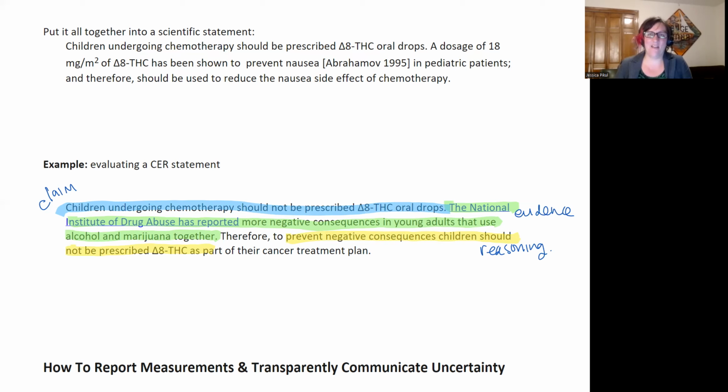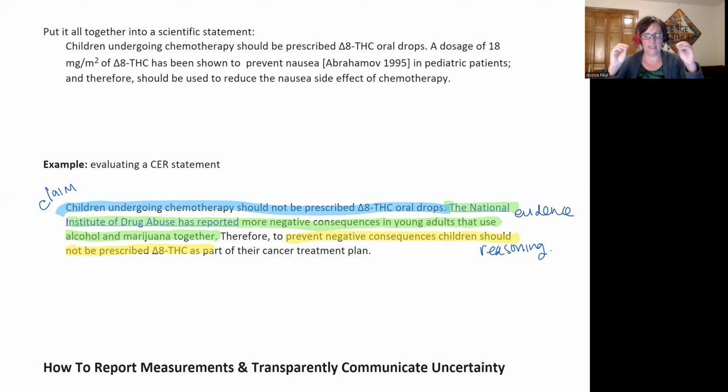But does that evidence have anything to do with the claim? The claim is about children undergoing chemotherapy, but the evidence is about young adults. The claim is about delta 8 THC oral drops, but the evidence is about marijuana and alcohol use in combination. And so we have different populations.